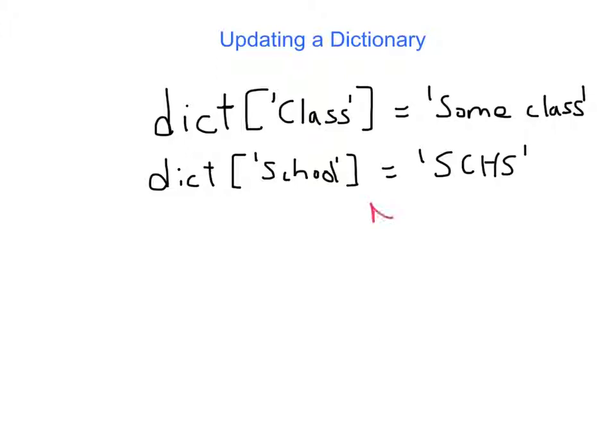This is a new key value pair. And I'm going to smiley face that thing just because I want to. Because it's kind of cool that you can just add that in. So we can update an existing value for a particular key, or we can add on a new key value pair just by assigning that key a particular value.